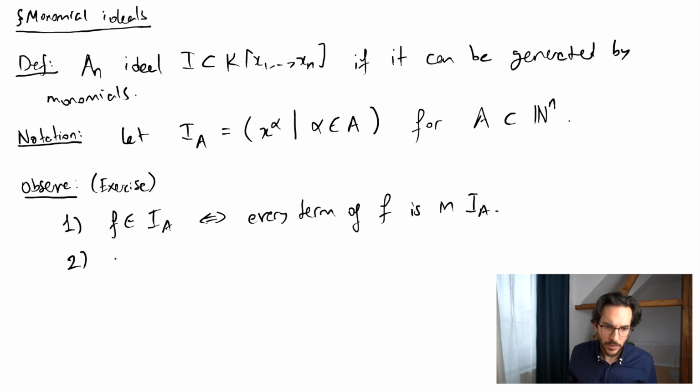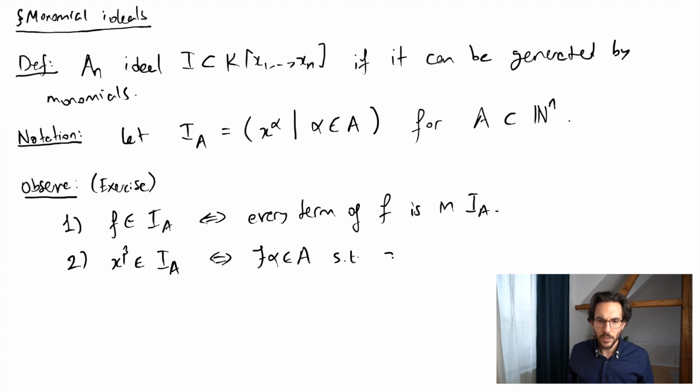So x to the beta is inside the ideal if and only if there exists an alpha inside this generating set such that x to the alpha divides x to the beta. This requires another split second of thought to go in one direction, but nevertheless, it's an easy exercise.